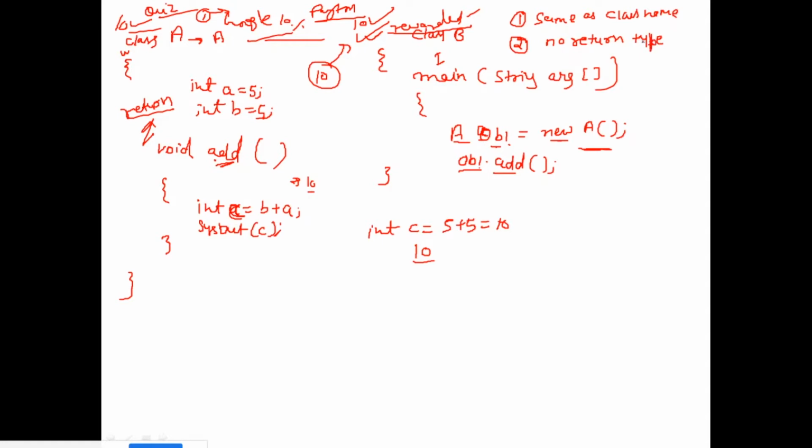So I can give a quick question: what is the return type of the constructor? You will be confused. You will be thinking, the teacher has not told me what the return type is. So that's why note this point, constructor has no return type, right?